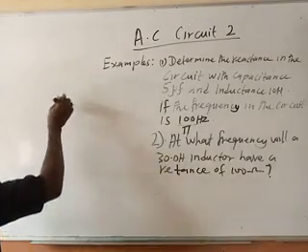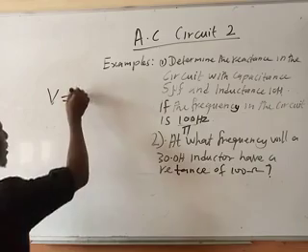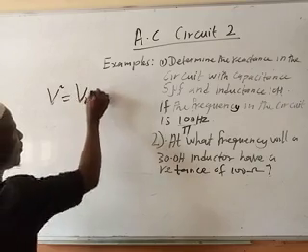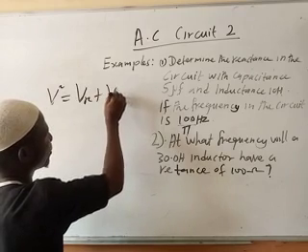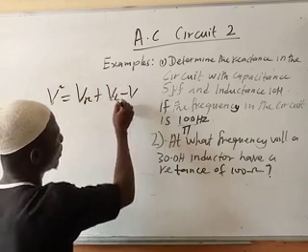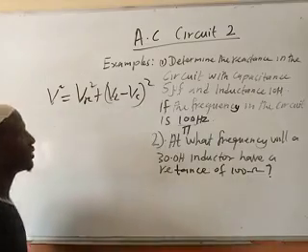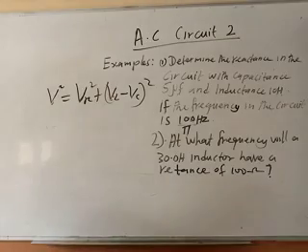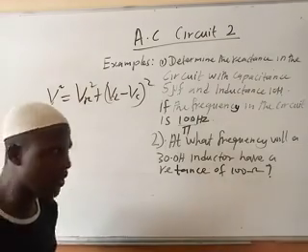So in that case, the total voltage in the circuit will equal the square root of the voltage through resistor squared plus the voltage through inductor L minus voltage through capacitor C, squared. So you just find the square root like we did for impedance. Don't forget, since impedance is also measured in ohm.